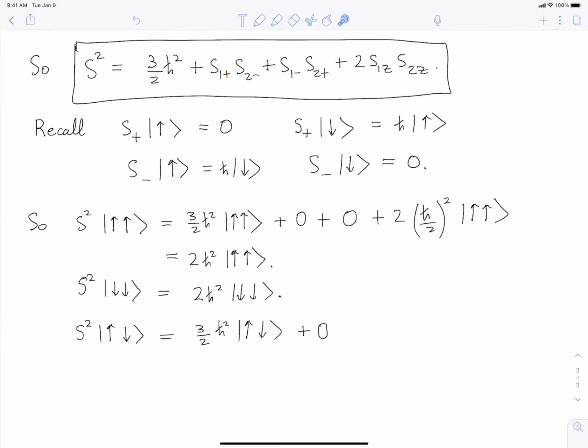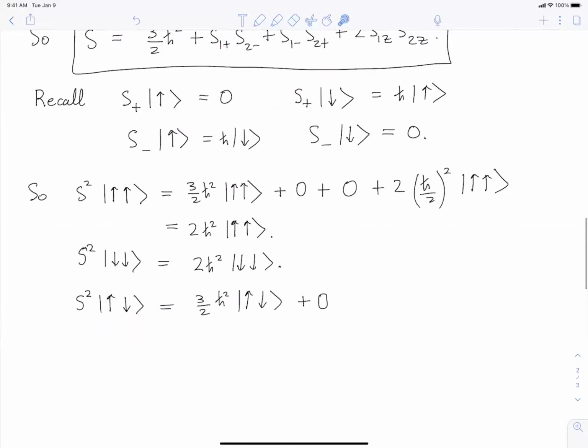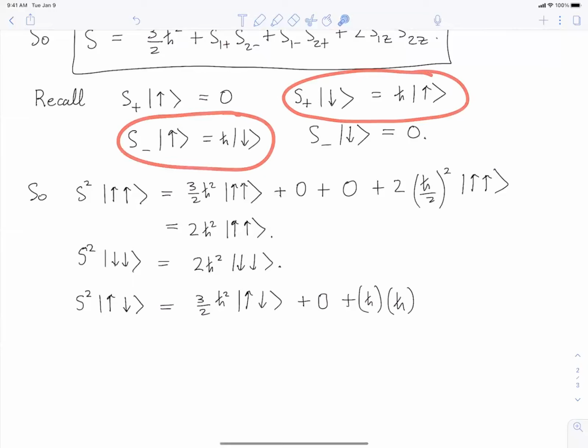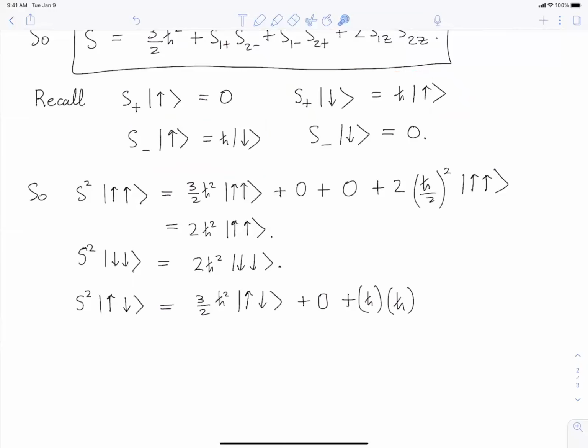This term right here, we're lowering the first spin and we're raising the second spin, so that actually works. And so that gives plus h bar times h bar, here we're using this equation and this equation, multiplied by down arrow, up arrow.